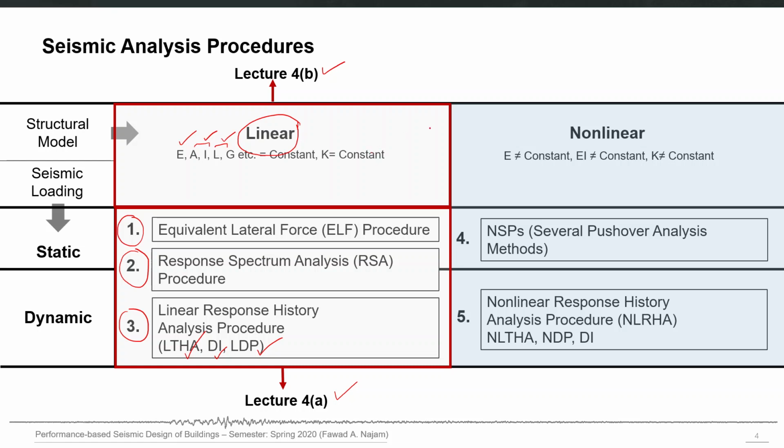And then we will also have a next lecture on nonlinear seismic analysis procedures, and then another lecture on the nonlinear modeling of structures, inelastic computer modeling of our structures. But for this lecture we will be discussing the linear elastic modeling, this lecture 4B.